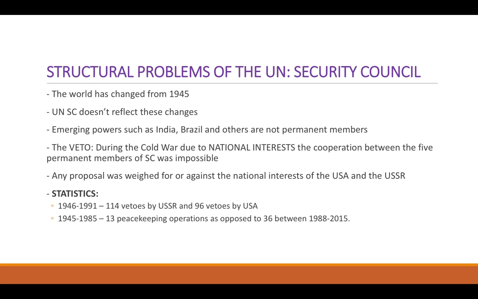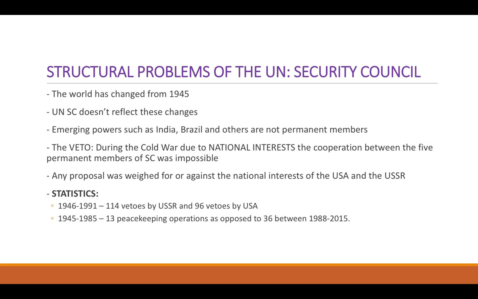One of the biggest problems in the Security Council is the veto, blocking the decision by the permanent members. During the Cold War, the world was polarized between the USSR and the USA, and countries were taking either side. Due to national interest, cooperation between the five permanent members was impossible.